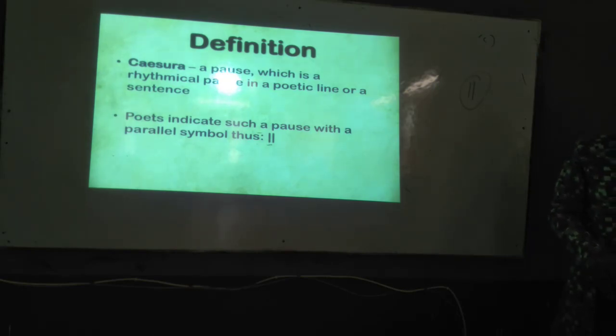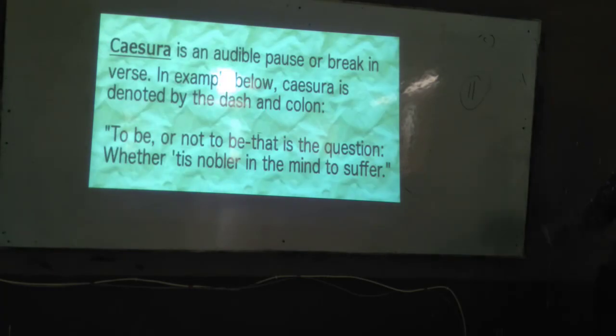Similarly, in a sentence, sometimes you have to pause or stop for a while. That's called Caesura. So Caesura is an audible pause. Audible pause means what?